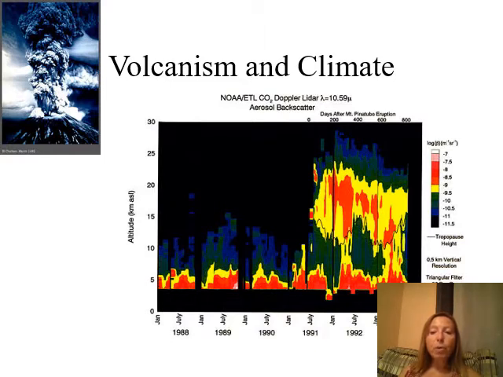For example, when Krakatau in Indonesia erupted in the 19th century, there was a year without summer all over the world, when snow was falling in areas close to the equator, in Africa, in India, in areas where people had never experienced snow before.